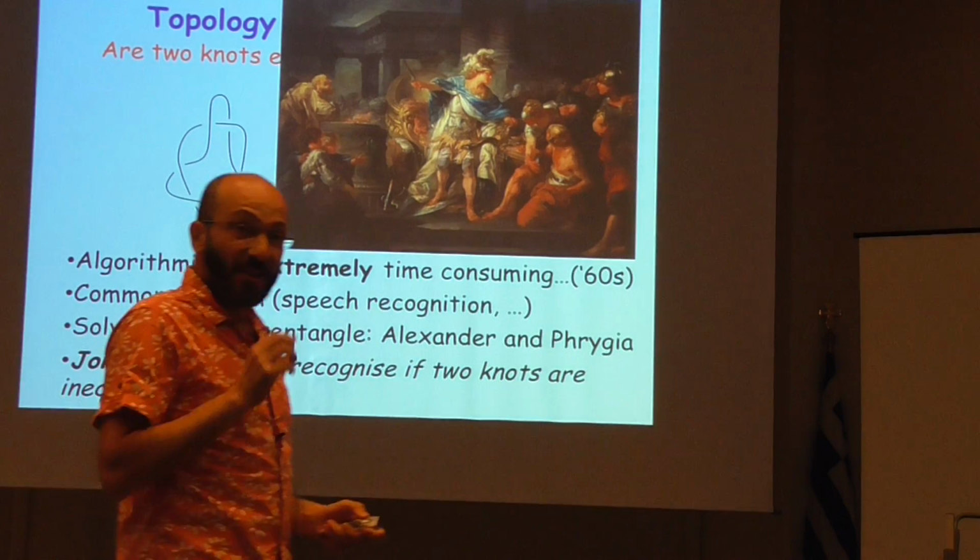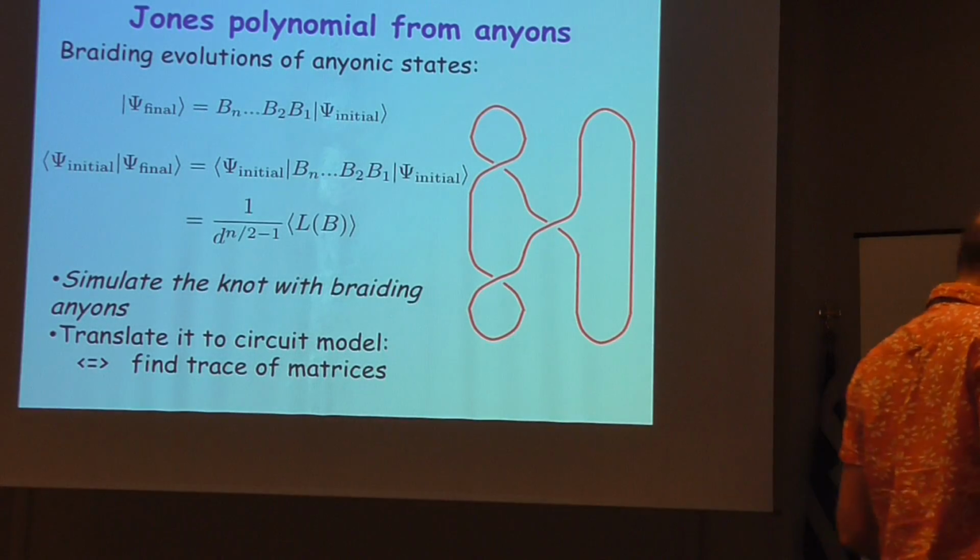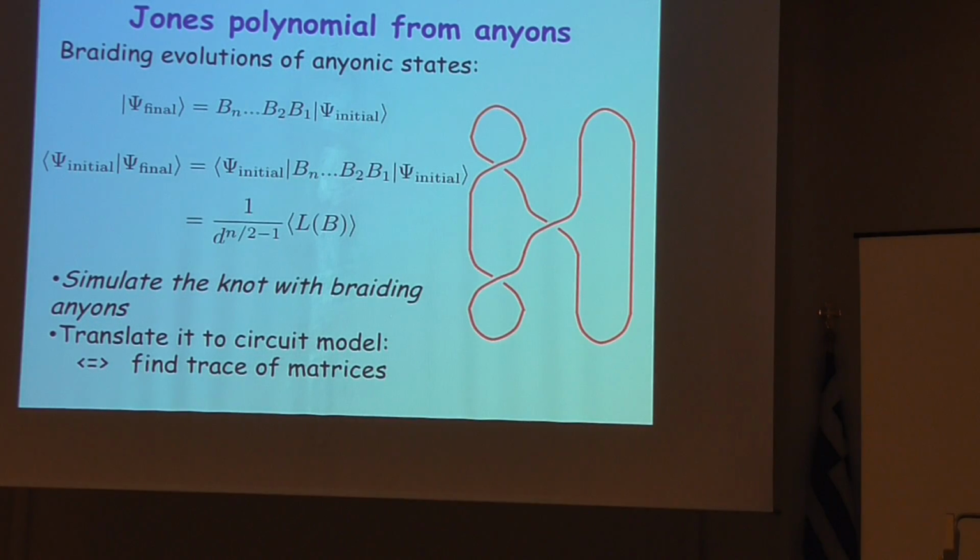But Jones polynomials can't actually distinguish between all the knots. And what we can do is actually use anyons to extract the Jones polynomials. We prepare the anyons in some initial state by creating them in pairs. We braid them by simulating the actual shape of the knot.